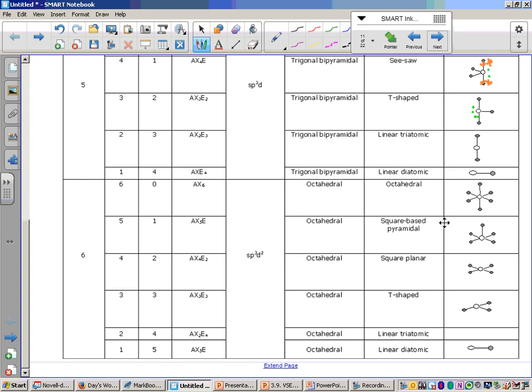But if the lone pairs are bigger and they're going to push away from each other harder, where does the second pair have to go, do you think? Yep, at the top. Because it's going to want to be as far away from the other lone pair because it's bigger. So this is the second situation where you've got to worry about where it goes, and that makes it then just a square planar.